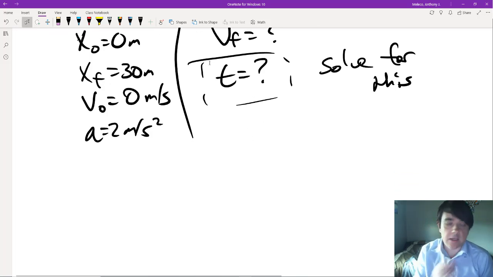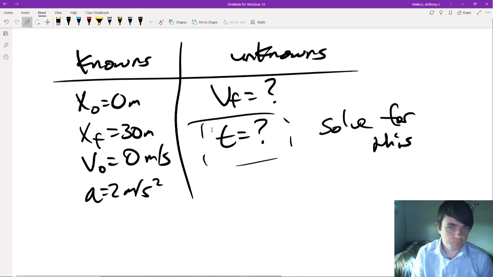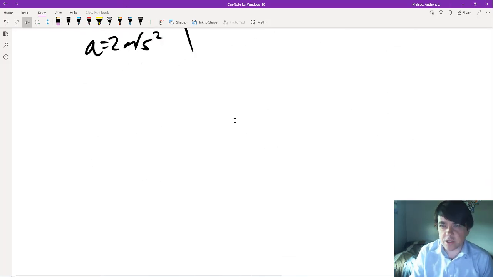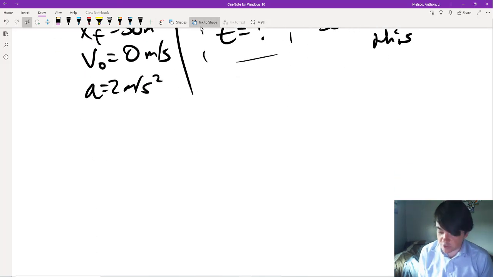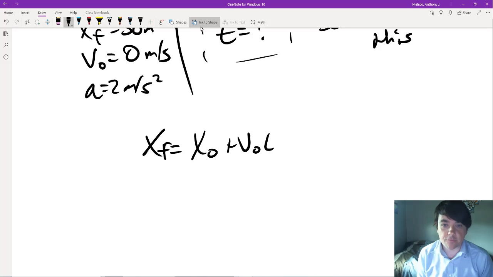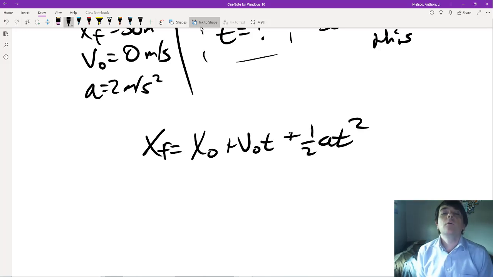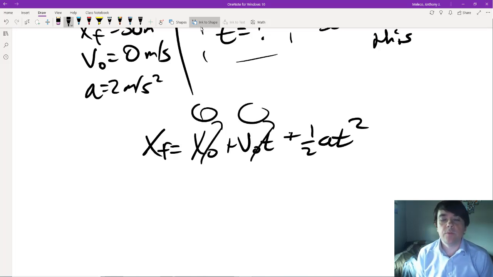Let's go ahead and try to solve this. For an equation, we need time. There's a lot of equations with time. Let's try this equation. We haven't used this one yet. I don't know if it works, it's just one that's popping in my head. X initial would be 0. V initial would be 0. 1/2 a t squared.